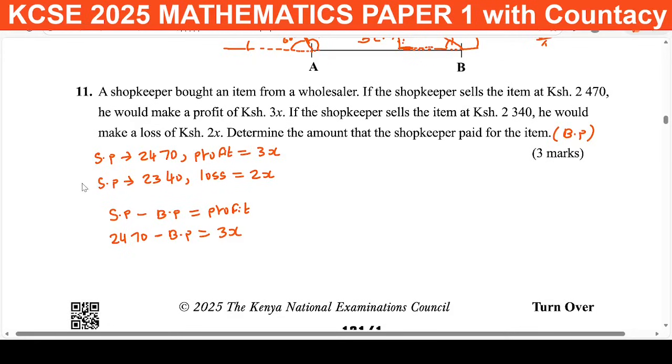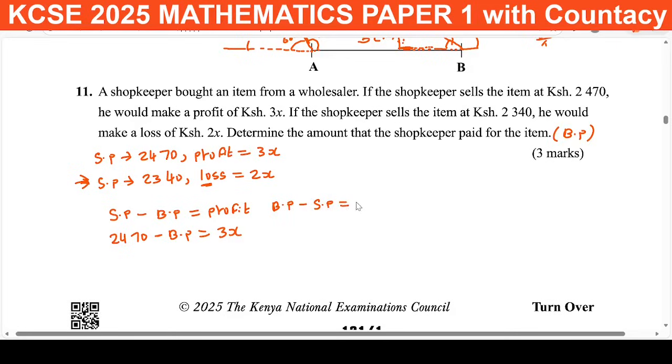Oh, this is now the mournful part, and the part that is a bit quite not cool, making the loss, but we really have to work with this information. So that this person can make the loss, then that implies that the buying price is higher, because we do buying price minus the selling price.